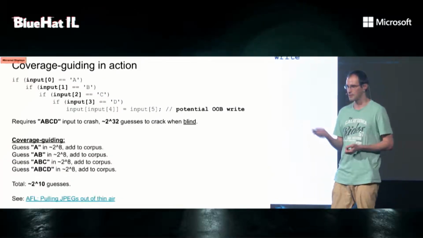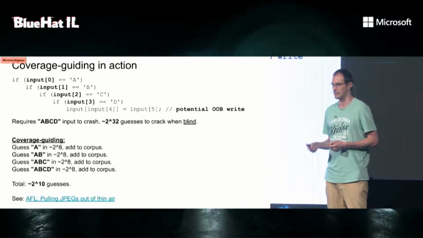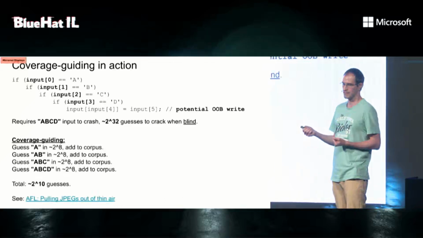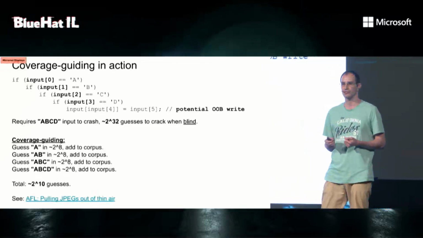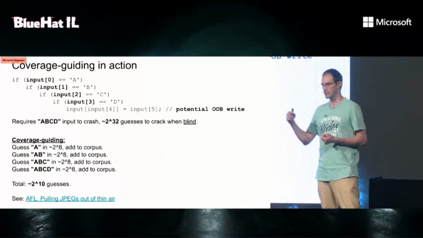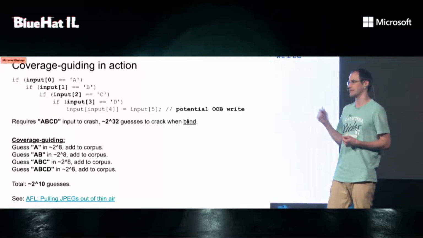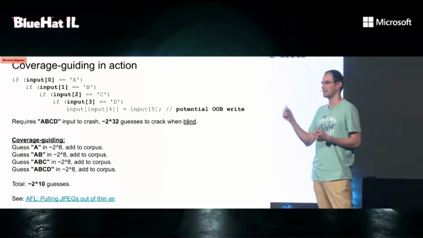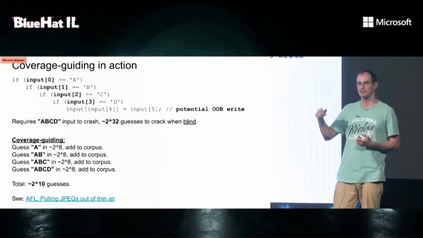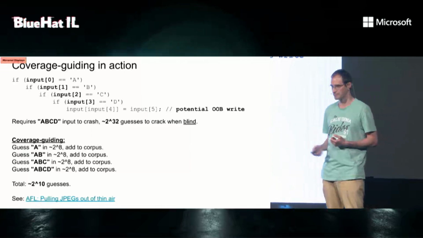So what happens with coverage-guided fuzzing? Let's say we start generating some random inputs, and in approximately 256 iterations, we generate an input that starts with the byte A. At this point, when we execute, we'll get to the second line of the code, and we will say, oh, we actually never got to the second line of the code. This is new coverage, so we add input A back to the corpus.